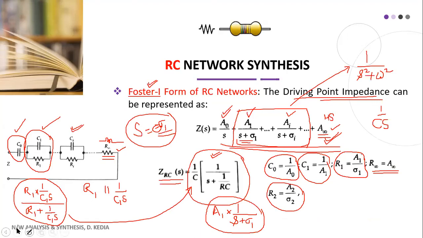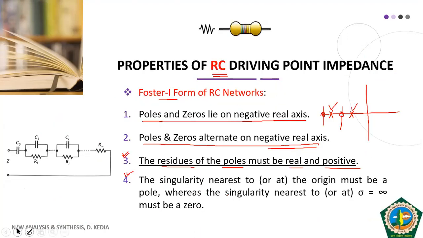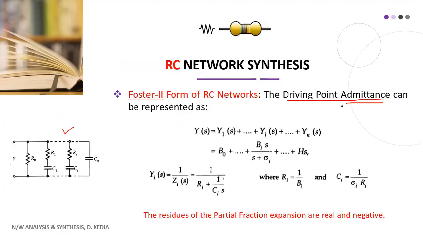I hope you are able to understand this. So we are now representing our Foster 2 form by using driving point admittance. We have expressed it as a sum of individual admittances. So what are the individual admittances?